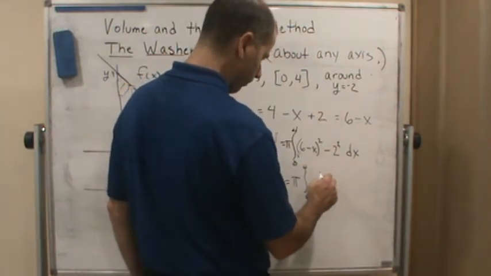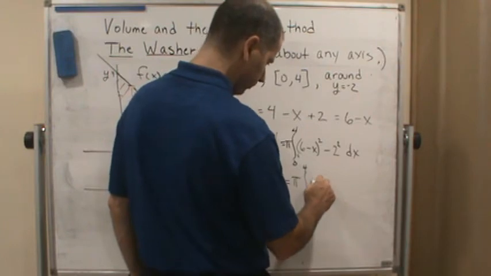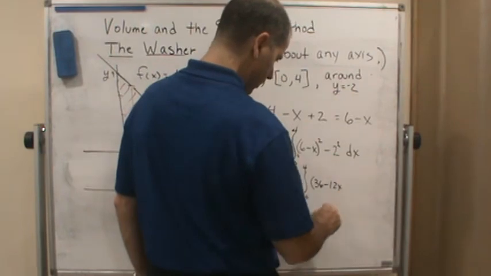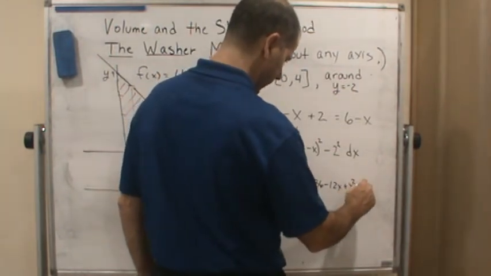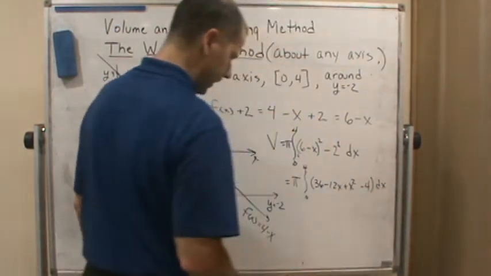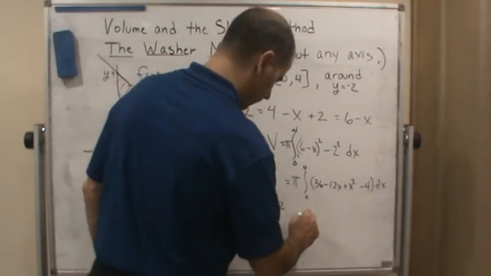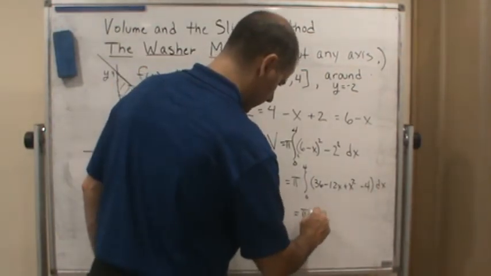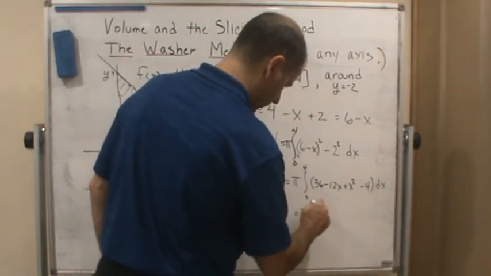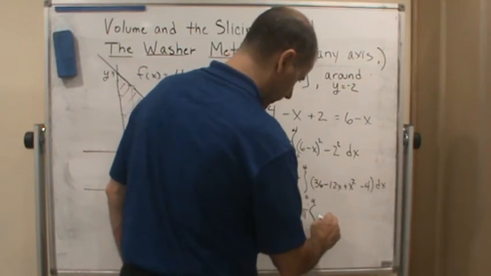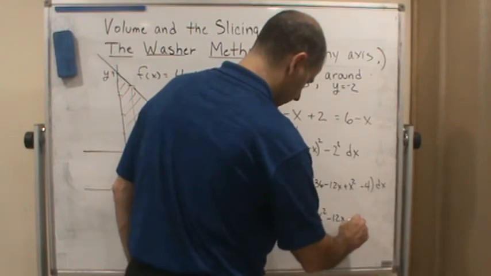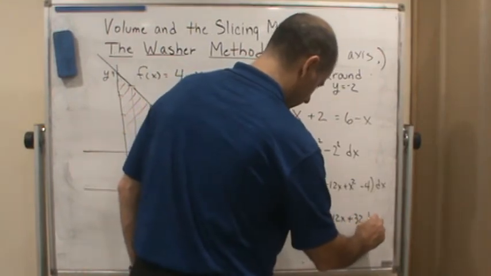This gives me 36 minus 12x plus x squared minus 4 dx. If I simplify this, I'm going to end up with pi, from 0 to 4, of x squared minus 12x plus 32 dx.